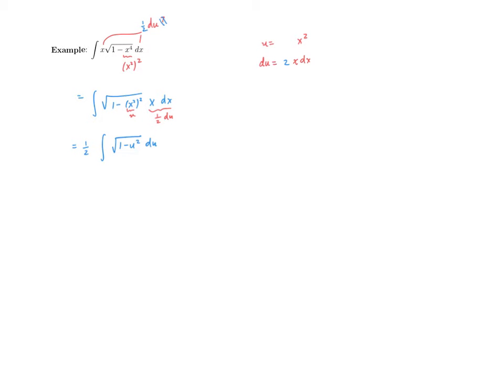Now that we've made this substitution, we have a very reasonable integral remaining, at least in terms of our current discussion on trig substitutions. Now we can use the trig substitution u equals sine of theta. And we've already evaluated this exact integral if you go back to the second example on the part 1 video for this section. So I'm not going to go through all of the details.